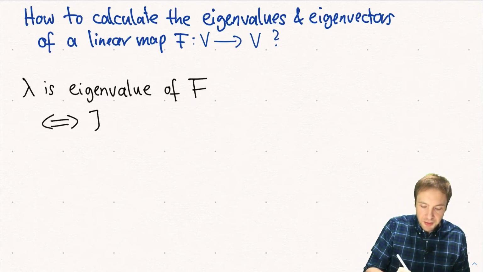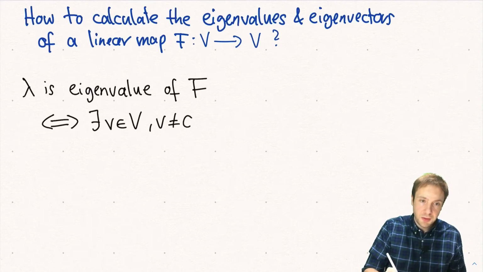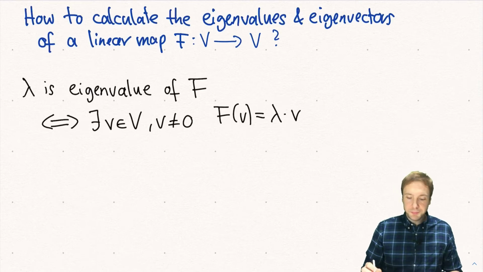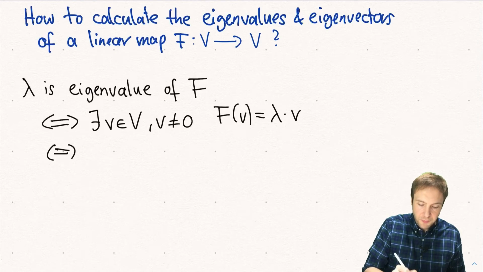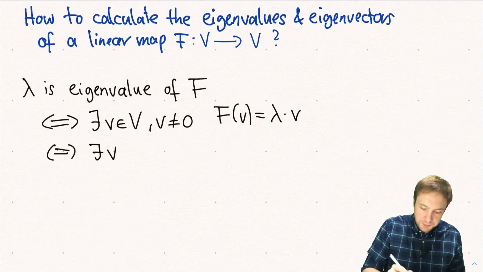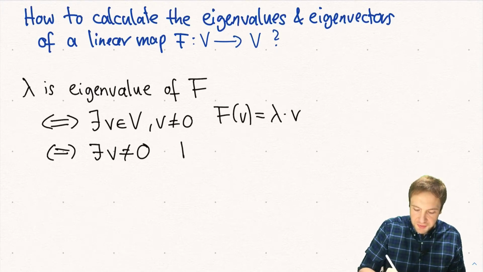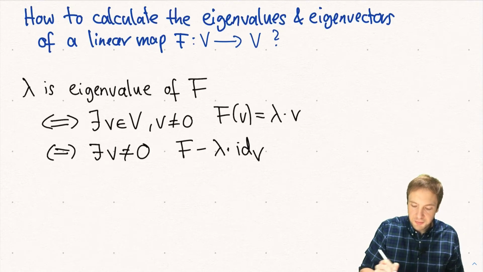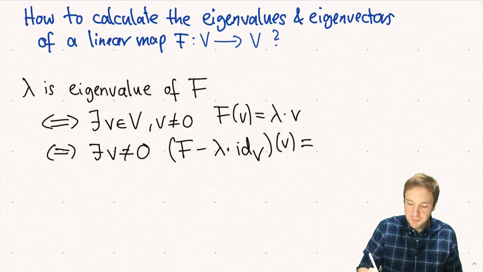So this means that we can find a vector v which is not 0, such that f of v is lambda times v. But this we can also rephrase. This means there exists a non-zero vector v such that f minus lambda times the identity on the space V applied to the small v is 0.